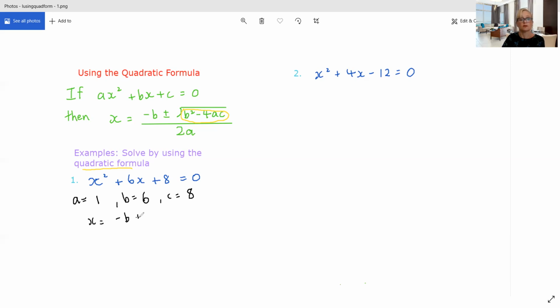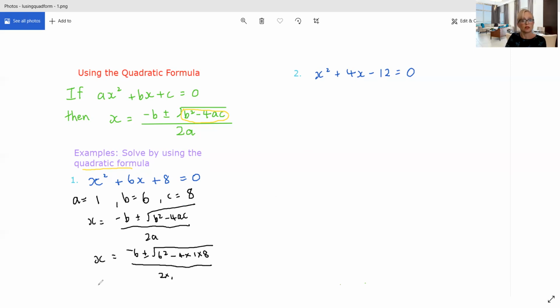Negative B plus or minus square root B squared minus 4AC all over 2A. Okay, negative B, so it'll be negative 6 plus or minus square root 6 squared minus 4 times 1 times 8 all over 2 times 1.